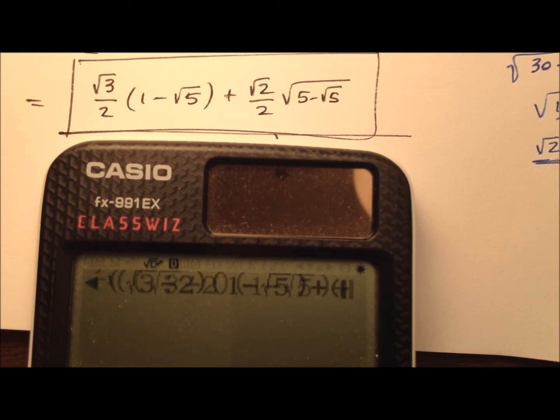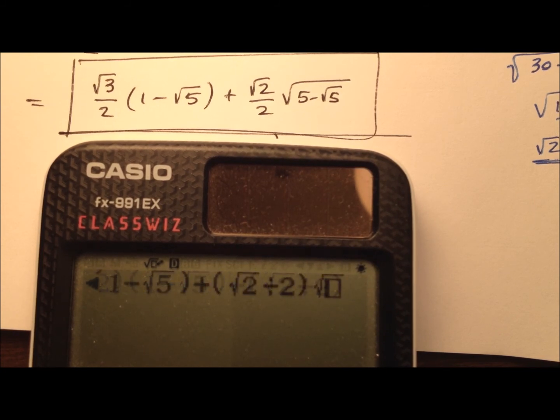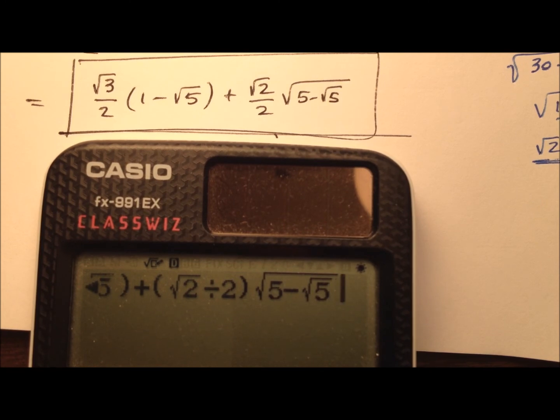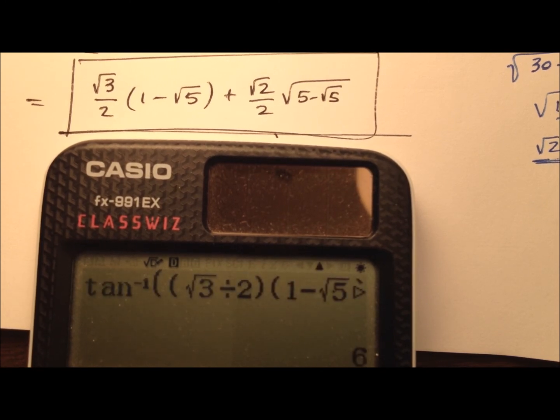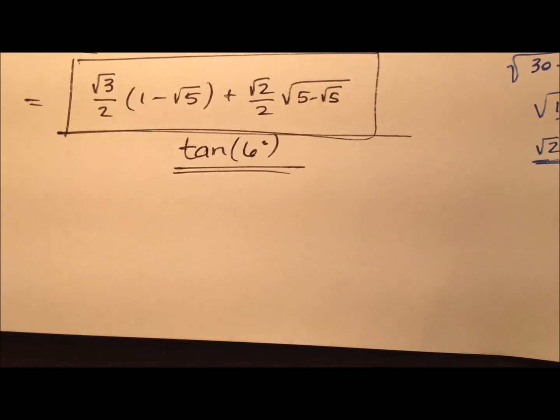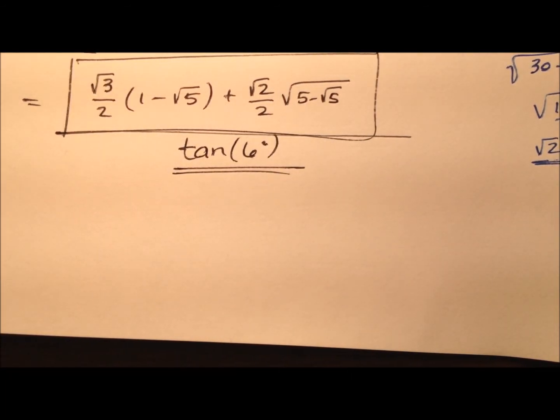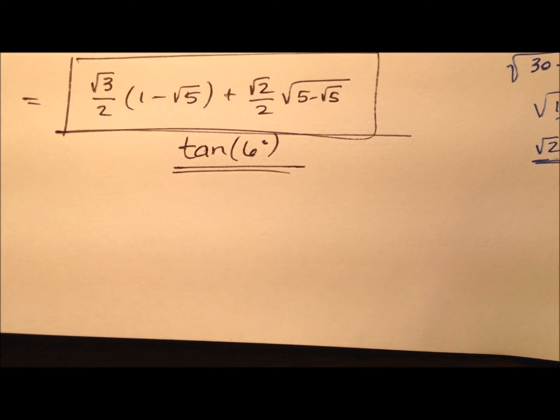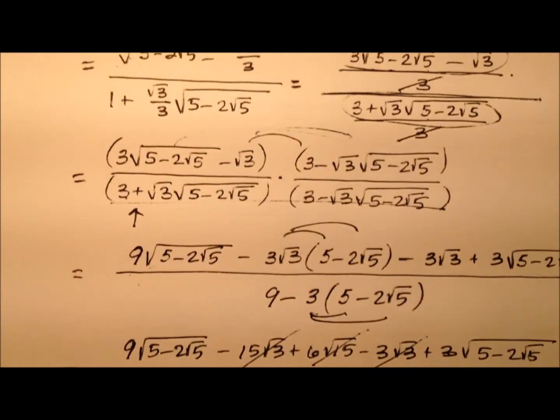And to that, we're going to add the square root of 2 divided by 2, and then multiply that rascal by 5 minus the square root of 5. Close those parentheses off. Yeah, look at that, 6 degrees. Okie dokie. So what that says then is this is the exact value for the tangent of 6 degrees.